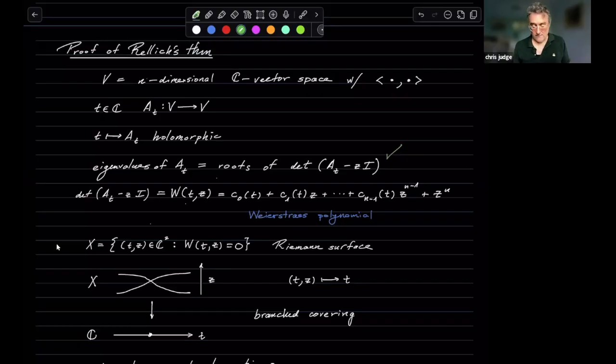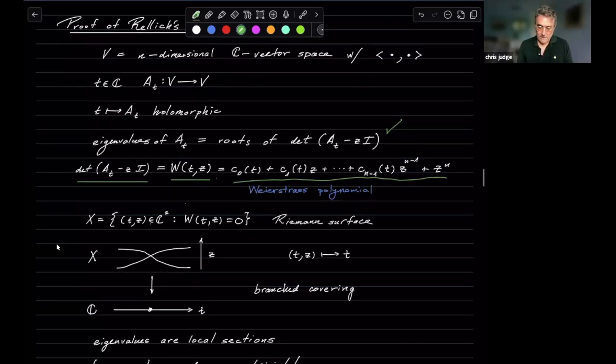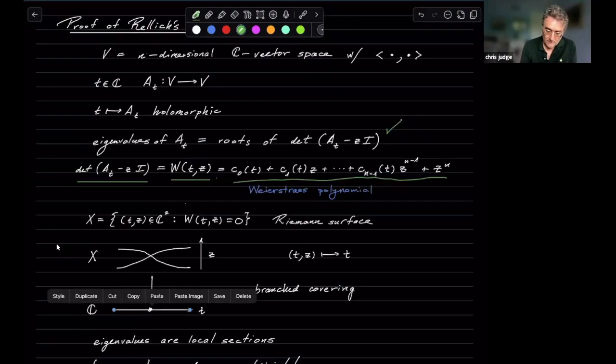So here's my characteristic polynomial, and I'm looking for its roots. And that's a Weierstrass polynomial. It looks like this, where now the c's are coefficients which are holomorphic in t. And the set where it vanishes forms a curve or a Riemann surface.